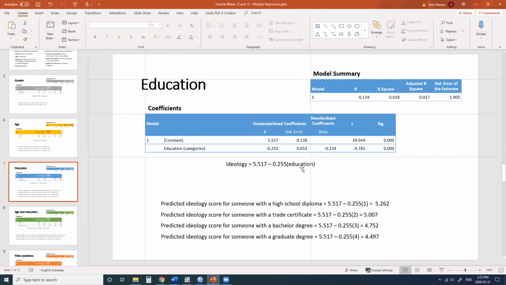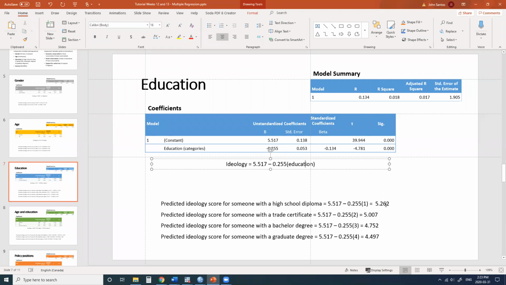I'm going to move back to PowerPoint here just because I've already done these calculations. If we wanted to write out the regression equation, ideology equals our y-intercept, or our constant, which is 5.517, minus, because it's a negative coefficient, 0.255 times the level of education. For somebody with a high school diploma, education equals 1.